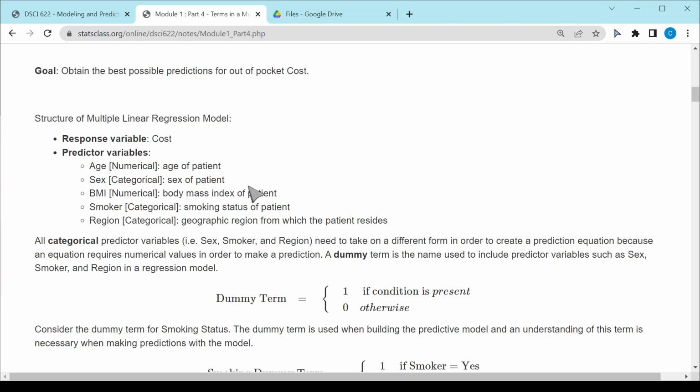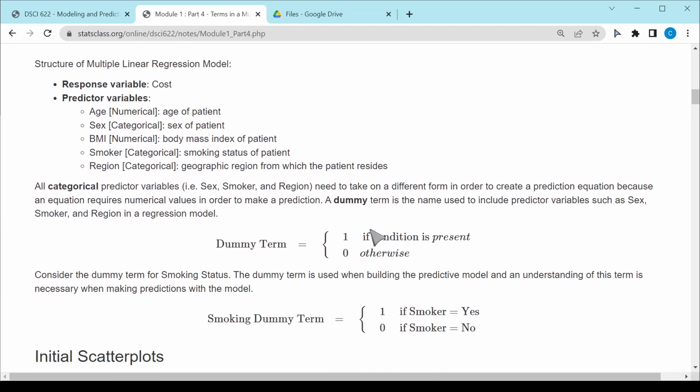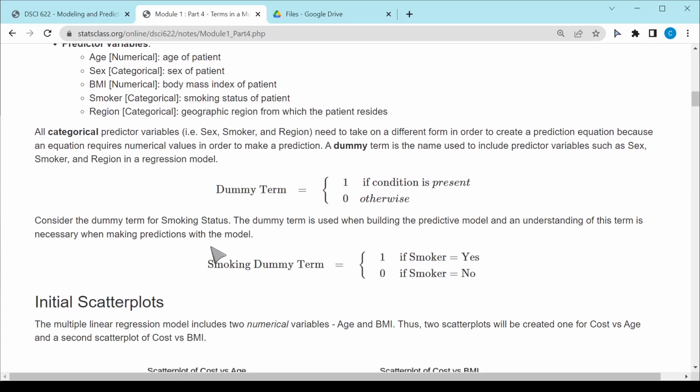So for example, one possible term is called a dummy term or a dummy variable. And this is just used to identify if a particular characteristic or condition is present or not. So for example, when we use the smoking status in our model, what the computing technologies are going to do is convert the smoking status, which is either a yes-no type variable.